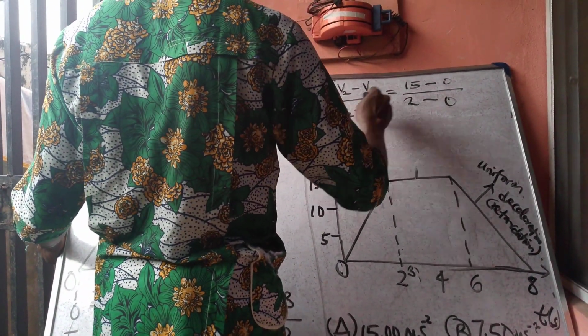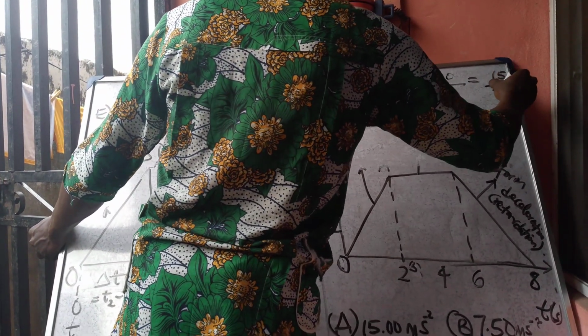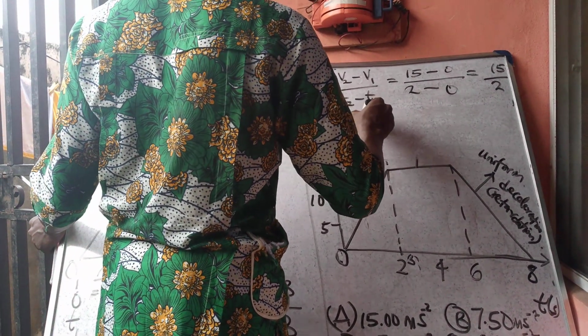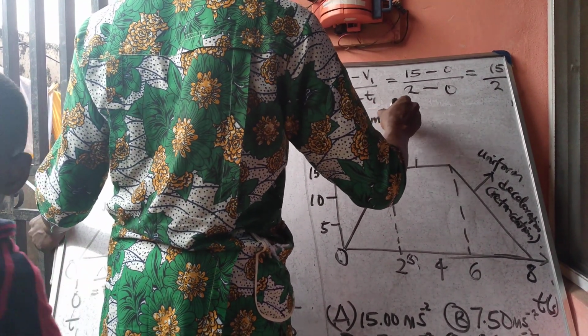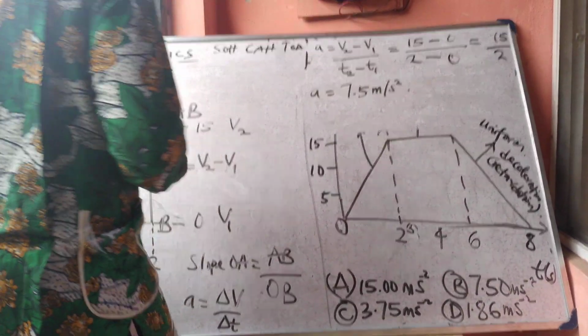So A will be equal to 15 minus 0, which gives 15, over 2 minus 0, which is 2. Now, 15 divided by 2 is 7.5 meters per second square.